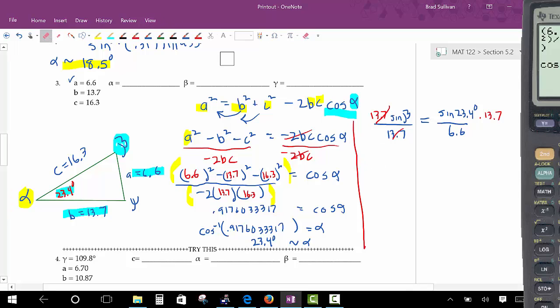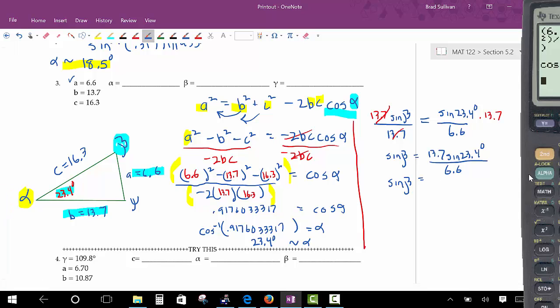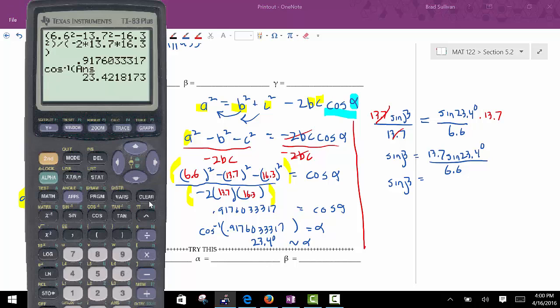So I'm going to write down what I have. I have sine of beta equals 13.7 times sine of 23.4 degrees all over 6.6. All right, and I'm going to take my calculator out, and I'm going to calculate this. So I'm going to work this out in one step.